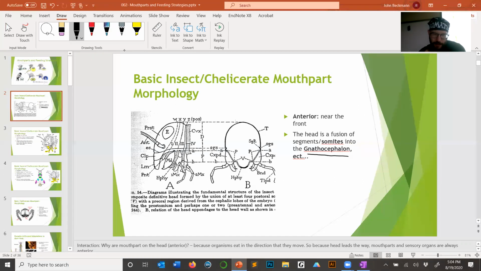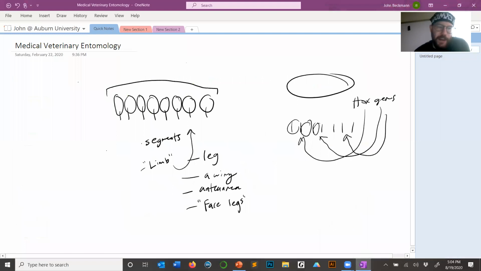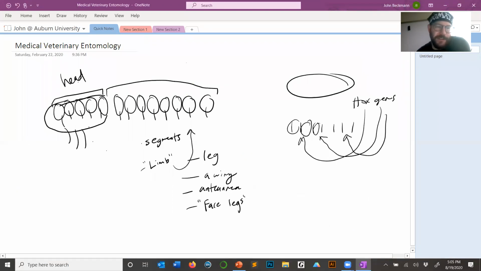The point is that the insect head is unique in that it's multiple segments, and here he's drawn 1, 2, 3, 4 that have fused. So if the developmental program is to segment things and make legs, the insect has essentially evolved to fuse these together into a head, and these limbs have evolved to become mouth parts.